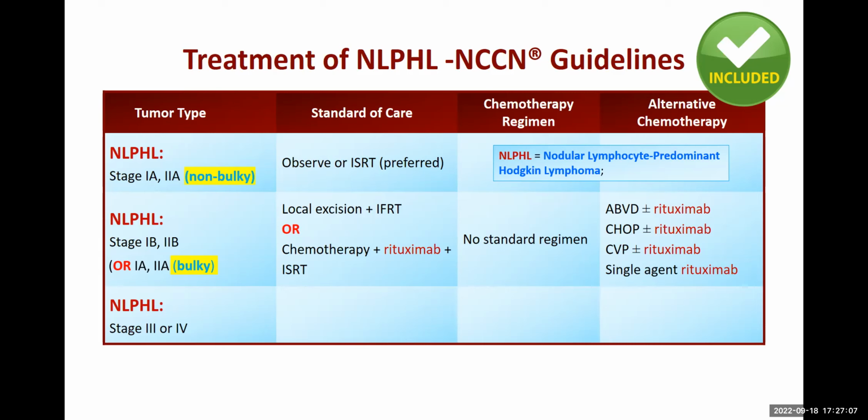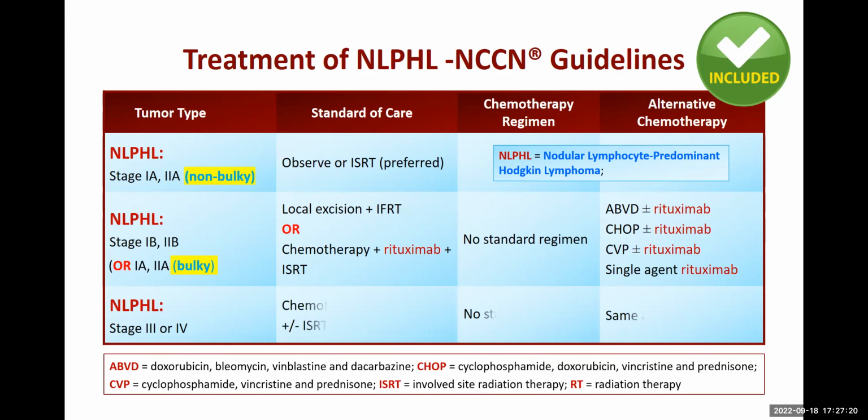So that is what rituximab does. I've shown you this mechanism of action in pharmacology. And then stage 3 or 4, which are the advanced stages, have almost the same therapy as above, okay?